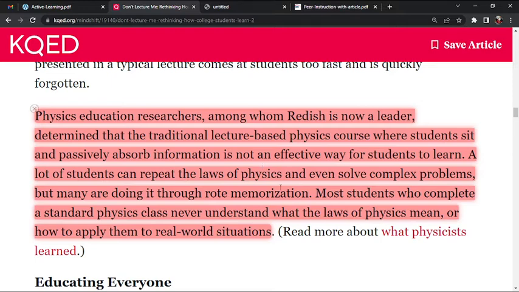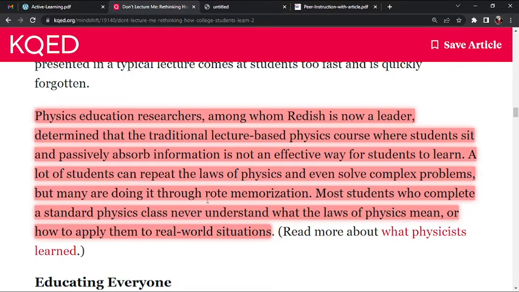A lot of students can repeat the laws of physics; we replace this physics with programming. They can repeat programming, the variable name laws and guidelines, as we learned last time. They can repeat data science algorithms time and again, and even solve complex problems.